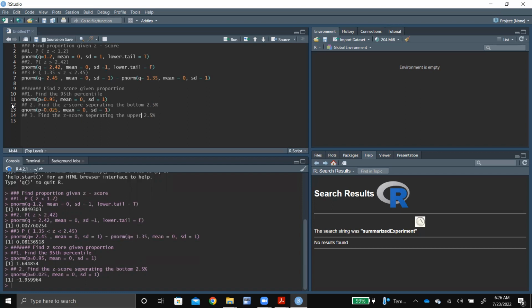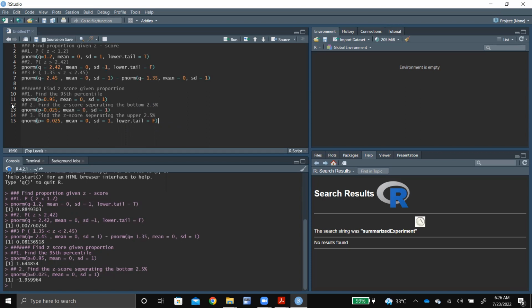If we're looking for the proportion from the right, then we should have the lower.tail option set to false. So we have the same thing as in number 2: qnorm p equals 0.025, mean still equal to 0, sd equal to 1, and lower.tail equals FALSE.